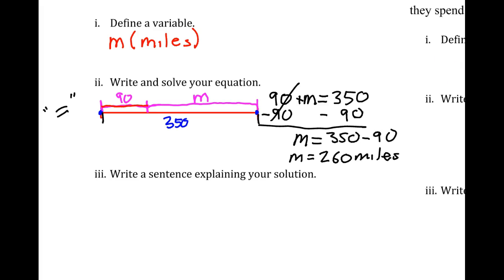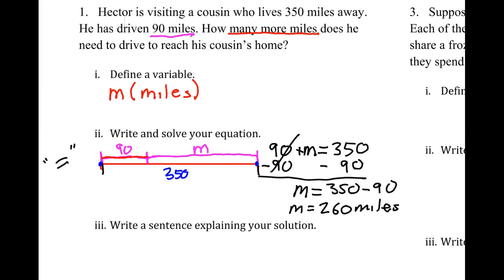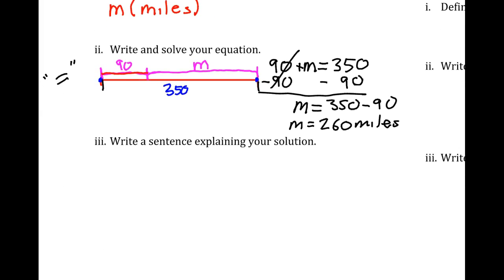Okay. Now, write a sentence explaining everything. This is probably the most important part. Can you take this and actually explain it in words, using proper grammar, proper punctuation, all that stuff? So you could say something like, the trip is 350 miles.